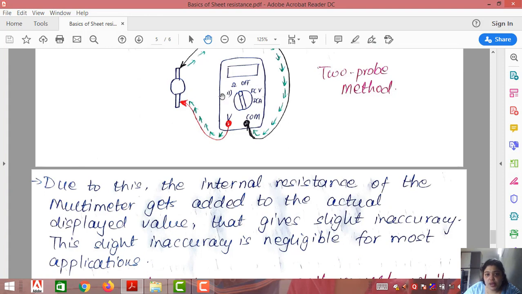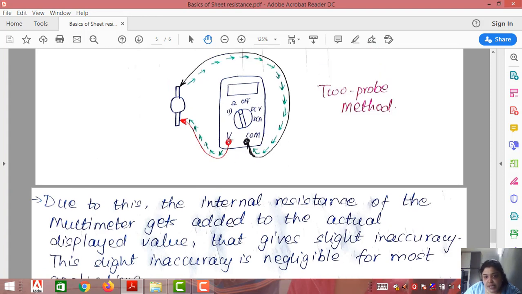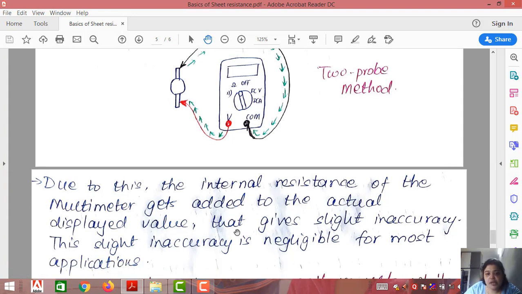Because it is supplying the voltage like this, if you consider the complete circuit, what has happened? Along with this resistance, the internal resistance of this multimeter has also been added. Due to this, the internal resistance of the multimeter gets added to the actual displayed value, which gives slight inaccuracy.